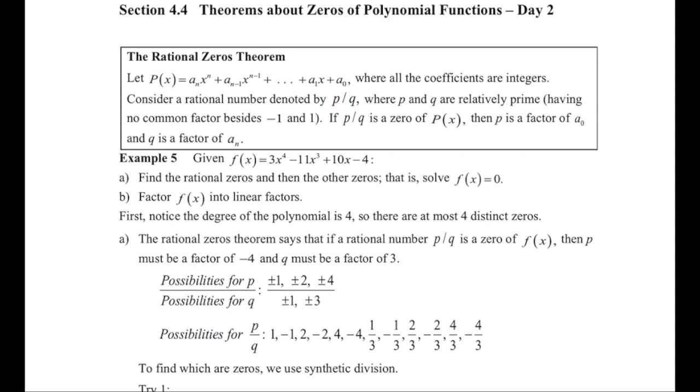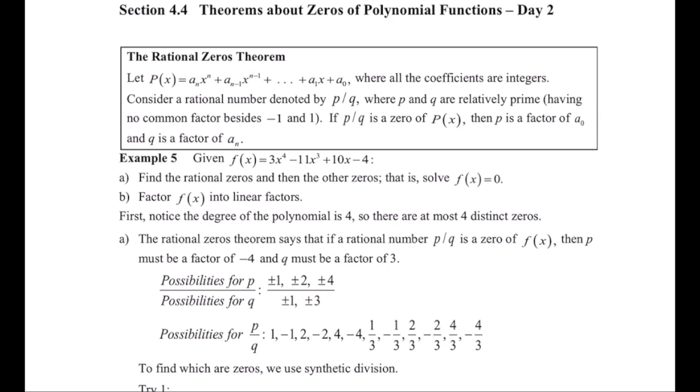So let's say I have the polynomial 3x to the fourth minus 11x cubed plus 10x minus 4. It's asking us to find all the rational zeros and then all the other zeros, and then solve for our function, and then factor it into its linear factors. So we first look at our polynomial function.